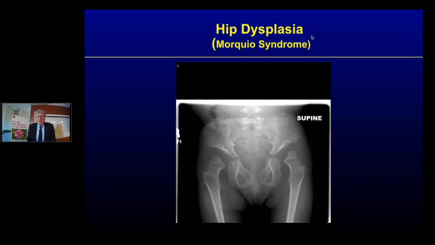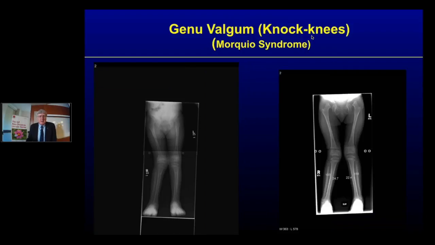Hip dysplasias also occur in a variety of the other forms, and it's interesting that Sanfilippo patients can be diagnosed with hip dysplasia and thought to have Perthes disease, but in reality it's a Sanfilippo hip dysplasia. Knock knees, or genu valgum, is very common in Morquio patients and some of the other MPS patients, as shown here, and this is amenable to epiphyseal stapling.